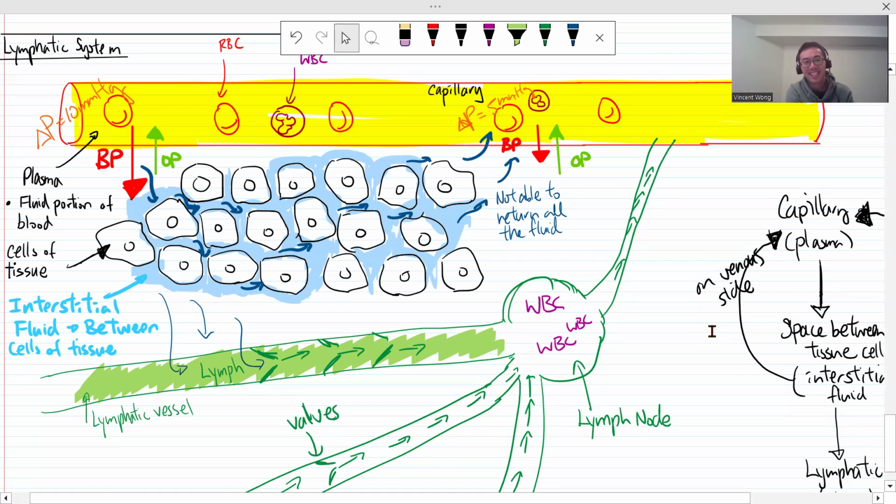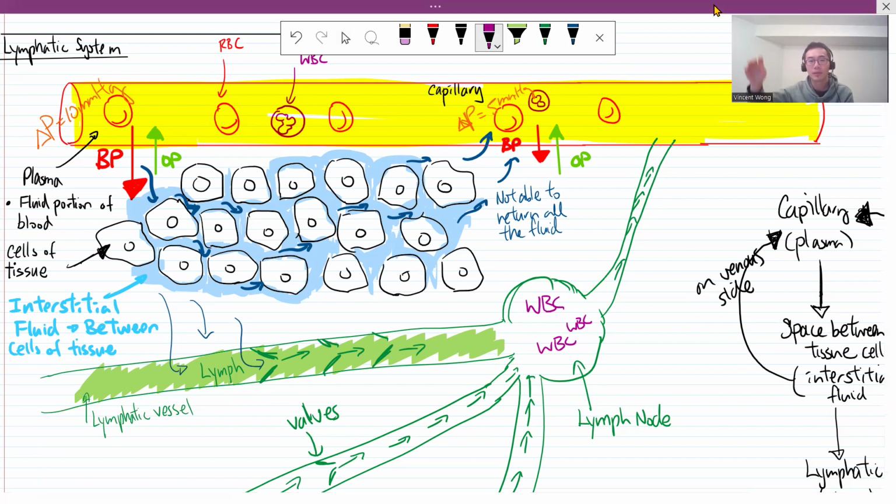Professor, it's not clear for me. This lymphatic vessel, the function of the lymphatic vessel is to take the fluid from what's called interstitial fluid, from the tissue, and then transfer it back to this capillary?